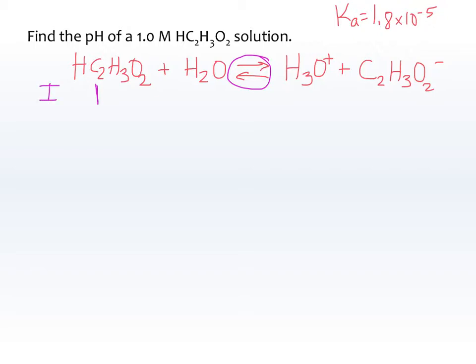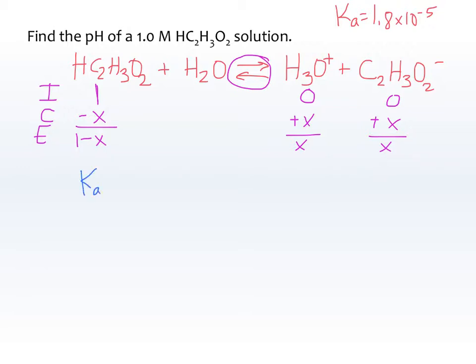Initially, there's 1 molar acetic acid and 0 H3O+ and 0 acetate. But then it's going to undergo a change when the acetic acid will lose X and the products will each gain X because it's a 1-to-1 ratio. So that at equilibrium, we'll have 1 minus X and X and X. And then we're going to plug it into the K expression that we just practiced writing.